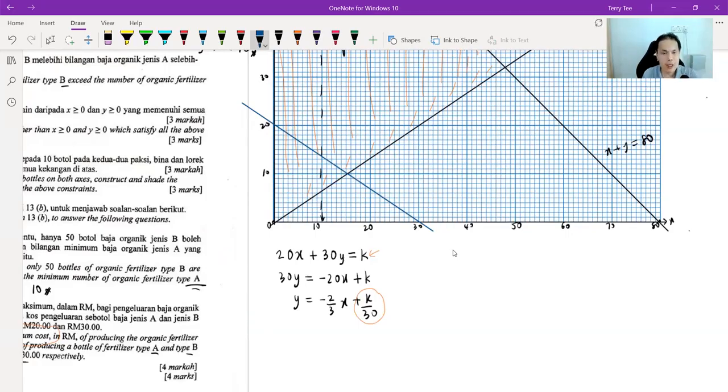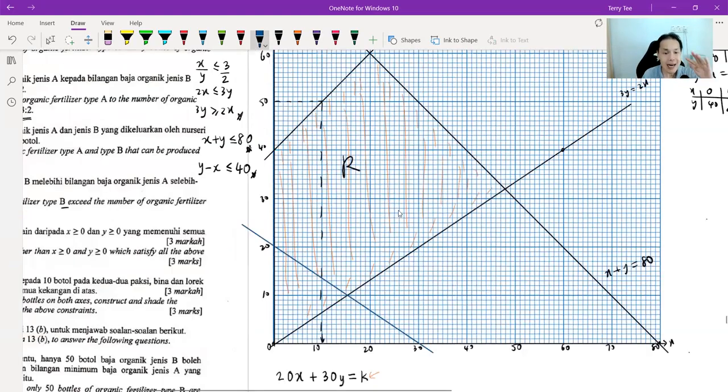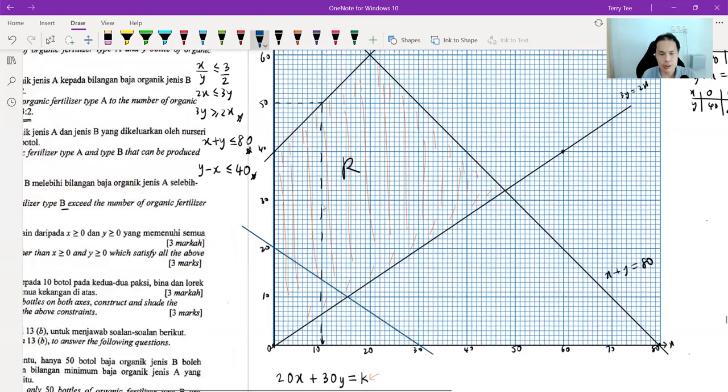It's a negative gradient. So we're going to take this line and move it up and down along this region and find which point gives us the largest y-intercept. So I'm going to draw another line here that's parallel. You don't have to draw perfect lines.